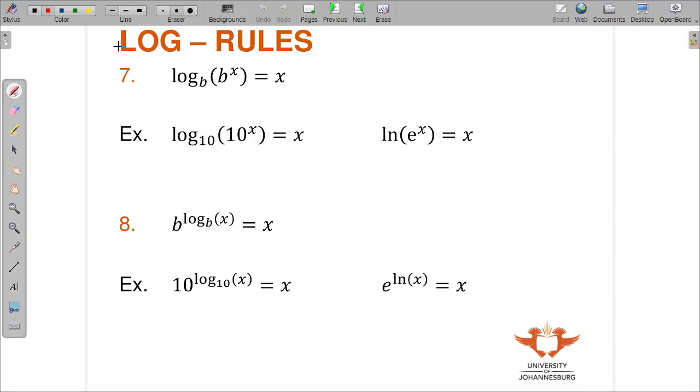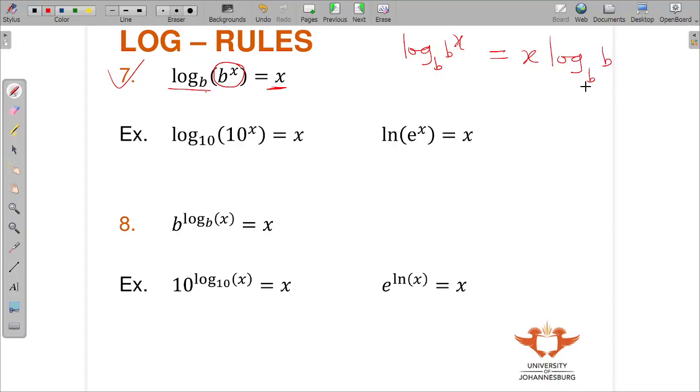All right, rule number 7. Whenever we have log to base b, and an exponential function that has the same base as the log, one of the rules says we can bring down this x.